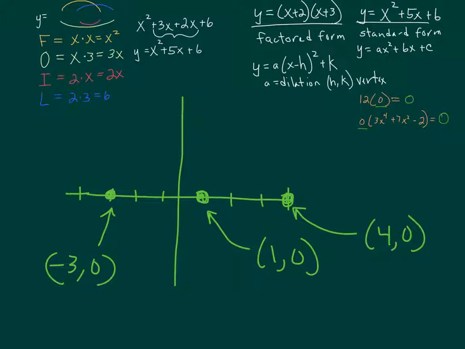Okay, so here we have the coordinate plane, and you'll notice that I have some points on my x-axis, and you should notice something that's consistent with each one of those points. So here's (negative 3, 0), here's (1, 0), and here's (4, 0). So every time I put a point on my x-axis, I find that my y is always 0. And that's a very important point to recognize because recall that our factored form, these two factors here equal y.